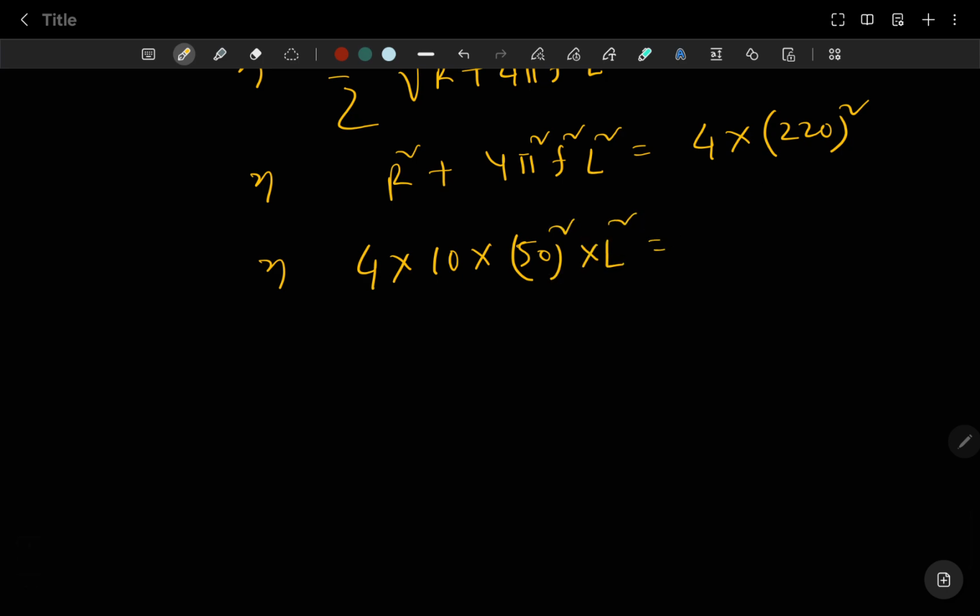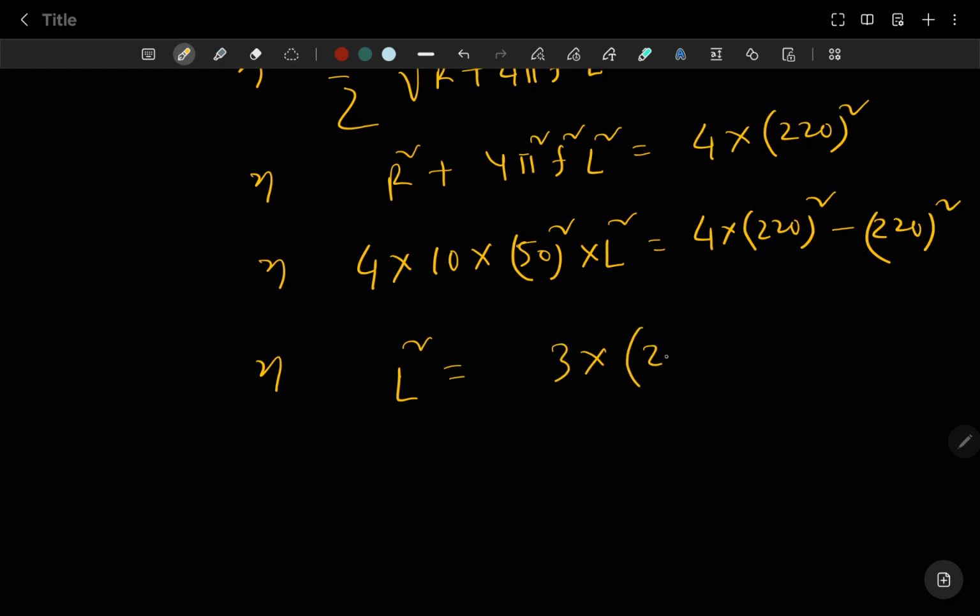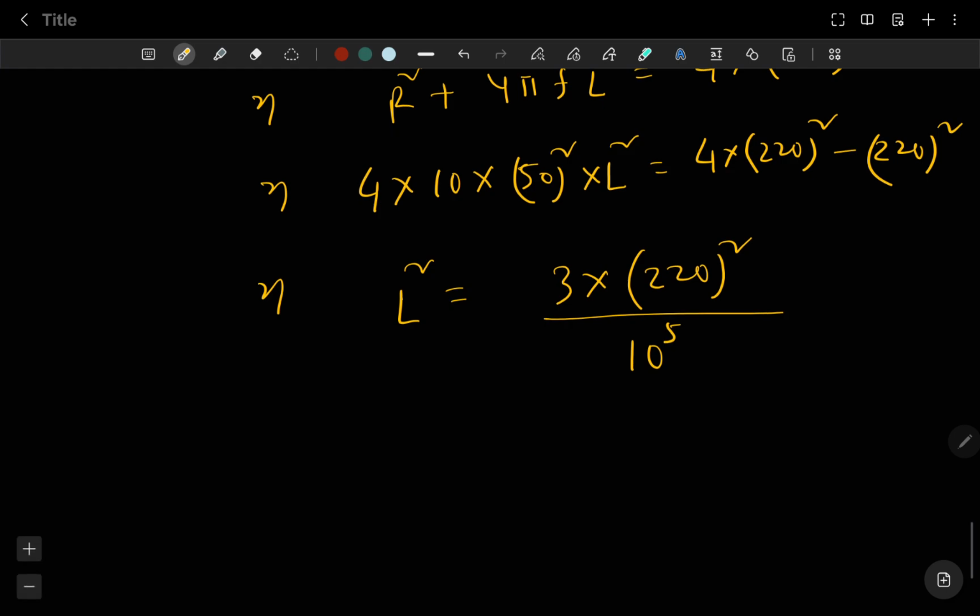L square is 4 into 220 square minus R, which is 220, so it is 220 square, so L square is 3 into 220 square divided by 2500, so it will be 10 to the power 5, isn't it? It will be 10 to the power 5. 10 cube, 10 square, 10 square, 10 to the power 4, 10 to the power 5.